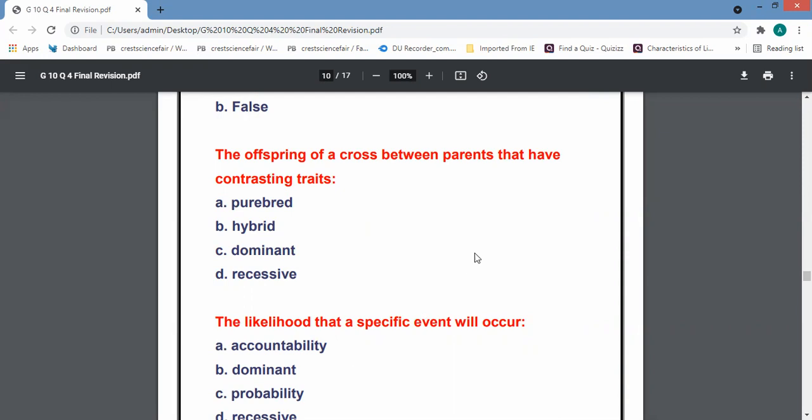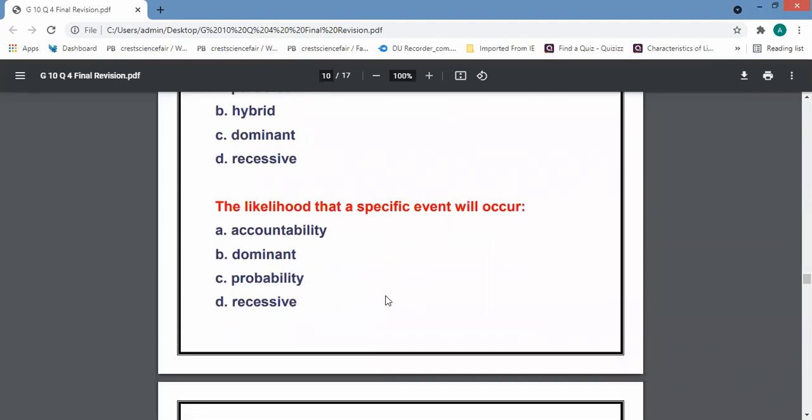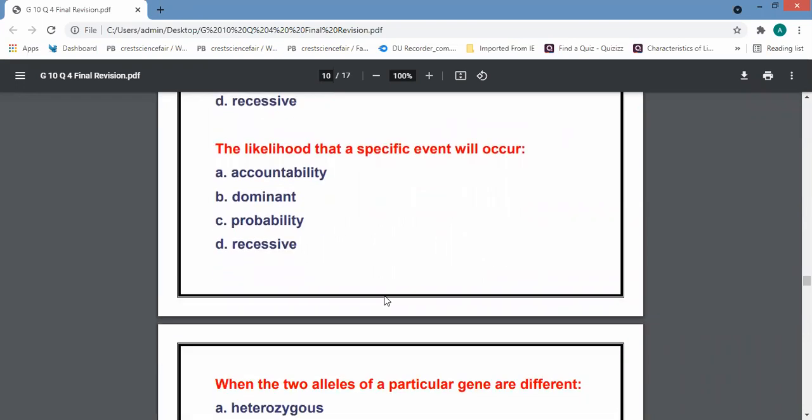Hybrid, heterozygous or hybrid, right? The likelihood that a specific event will occur. Probability.